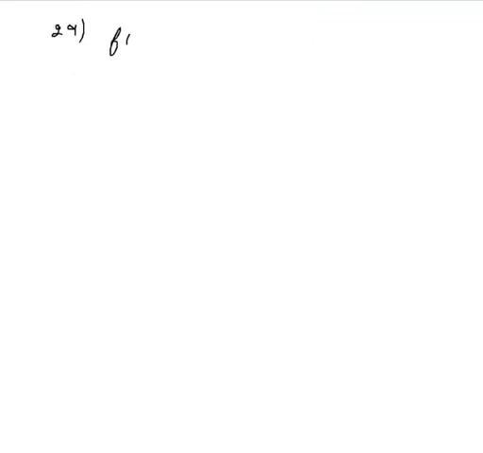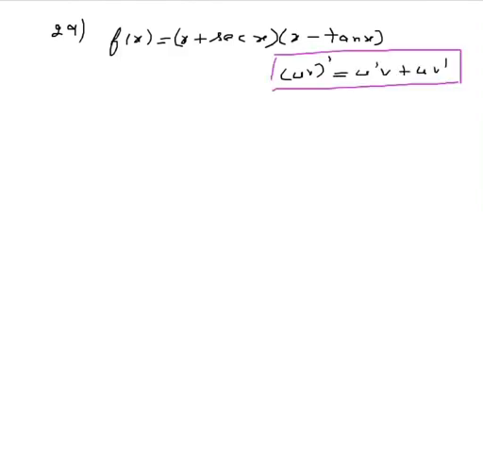Question 29. X plus secant x times x minus tan x. Product rule. This term is u, this term is v.